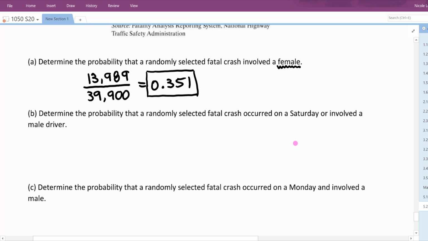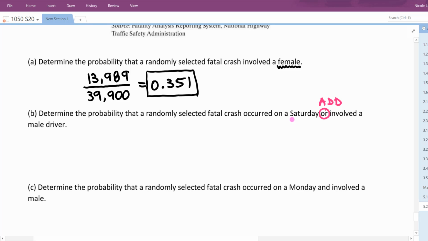It says to determine the probability that a randomly selected fatal crash occurred on a Saturday or involved a male driver. So we have our keyword of or, which will tell us to add. And then the two groups that we're dealing with here.